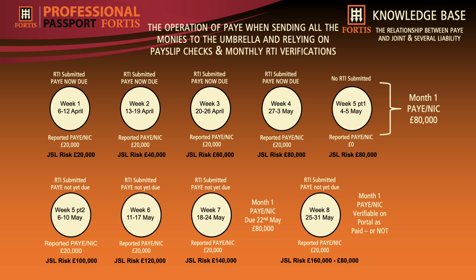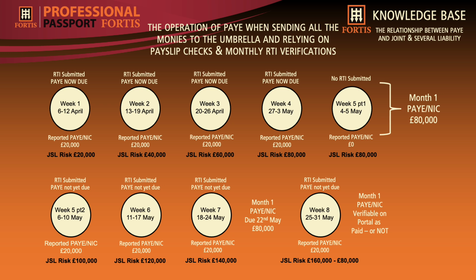So where you're relying on a monthly RTI verification of payment, this is unlikely to be carried out until week 8, in some cases even later, if the payment is not updated on the portal and therefore unable to be verified. If we assume for this example that it is updated and the portal can be viewed, as you've run a further pay run, your potential joint and several liability has moved up to £160,000 at this point. When viewing the portal, there are only two outcomes.